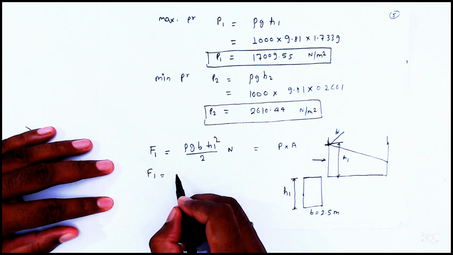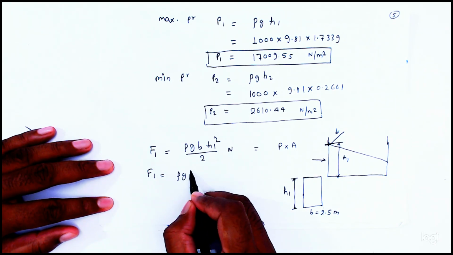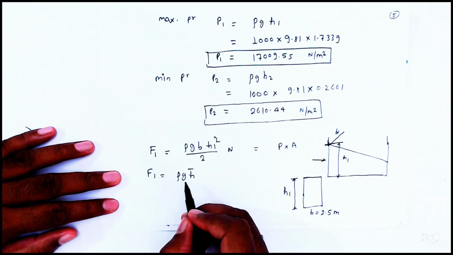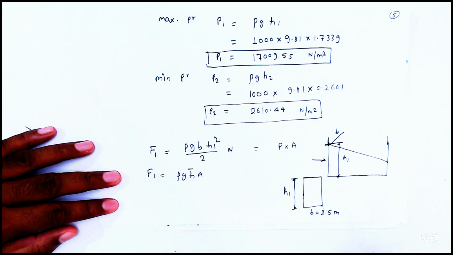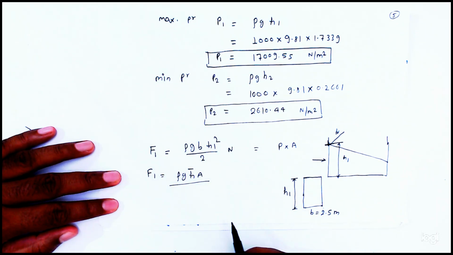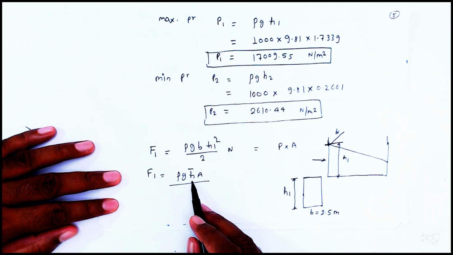So what is the pressure? Pressure is equal to rho g h bar, or we can say force is equal to rho g a h bar. It is the static force, rho g a h bar. Getting, friends?